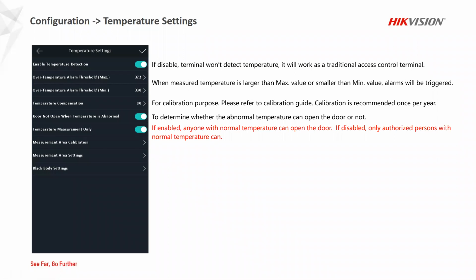So it can be used for public venues such as restaurants, pubs, hotels, etc. That means anyone can access, assuming they have a normal temperature. But if you want to use this terminal in offices where only authorized persons can get access, then you need to disable this temperature measurement only. So after you disable that, only authorized persons with normal temperature can unlock the door, okay?